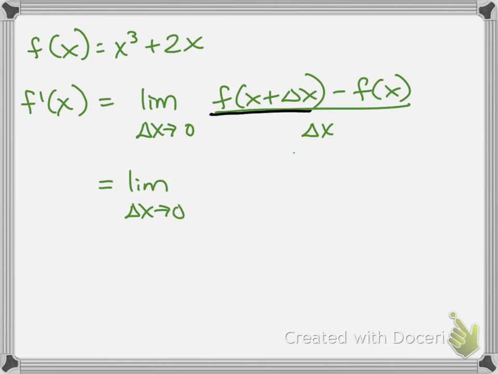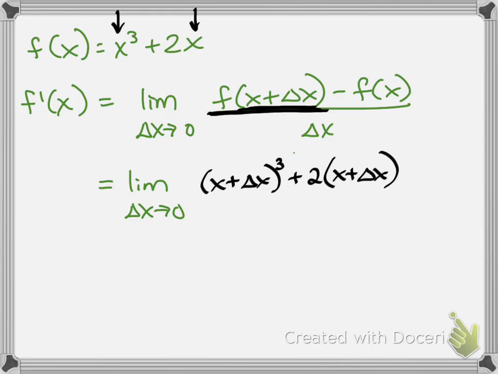This is the first part we want to do. So you're going to take this x plus delta x and you're going to plug it in for every x here. So you have x plus delta x to the third plus 2 times x plus delta x.